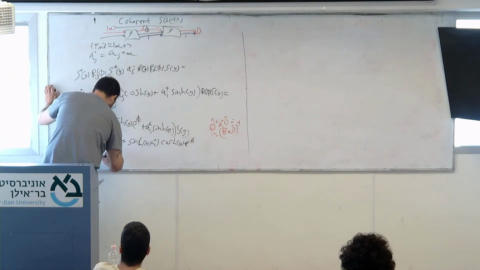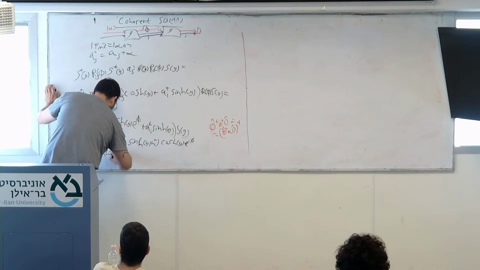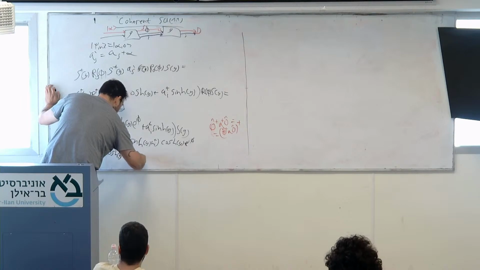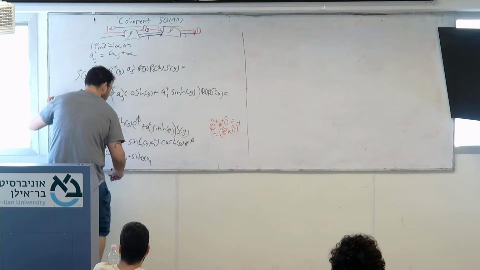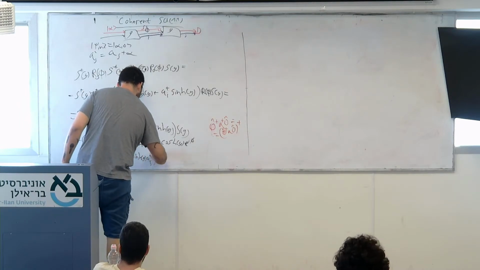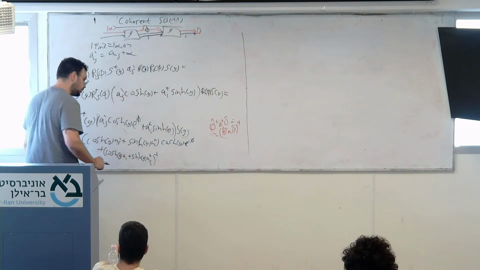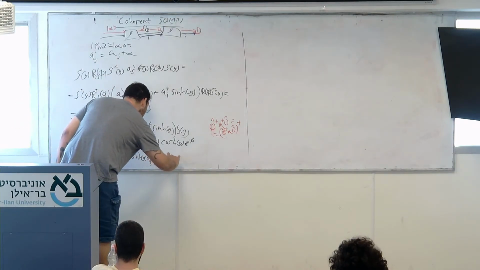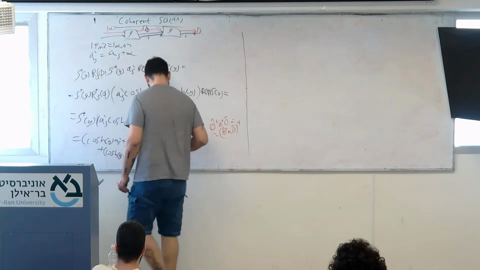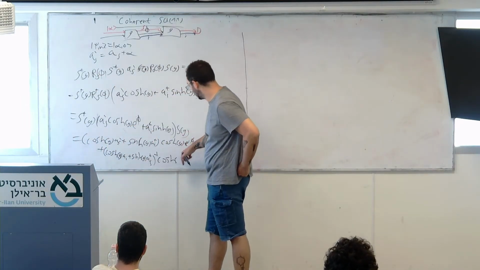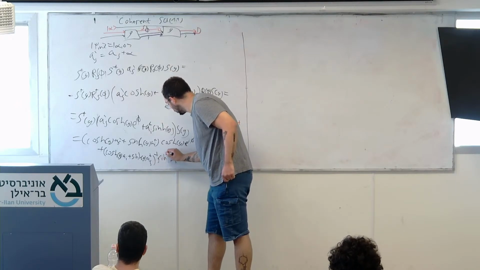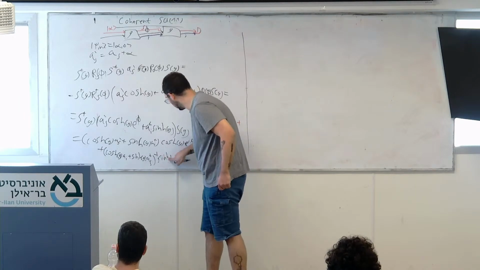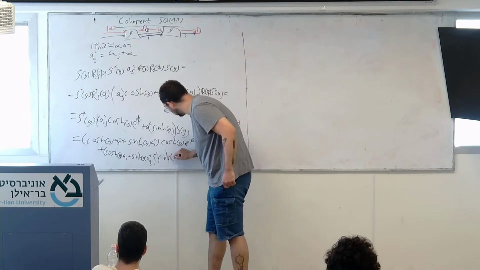It's going to be plus cosh G a_i plus sinh G a_s dagger, all of that conjugated. Sinh G, sorry, not cosh.